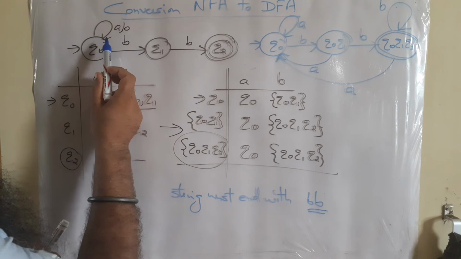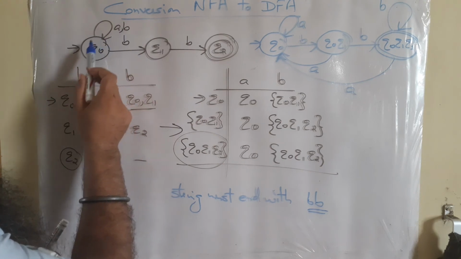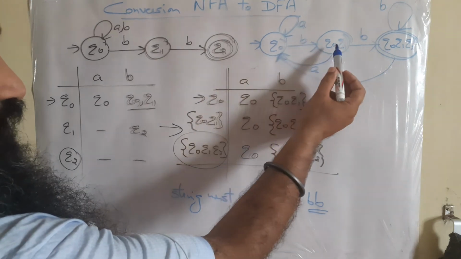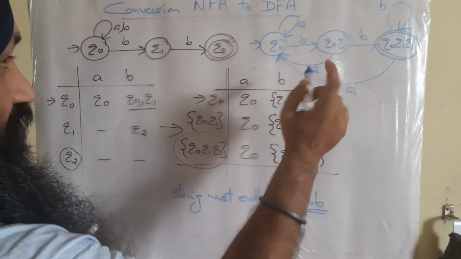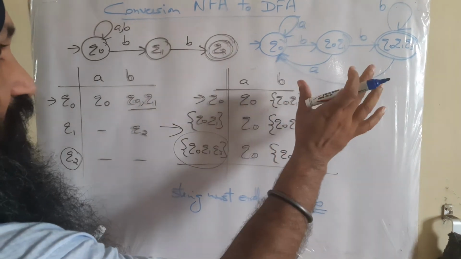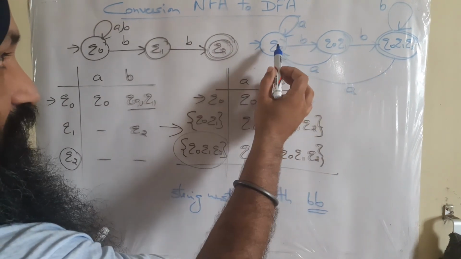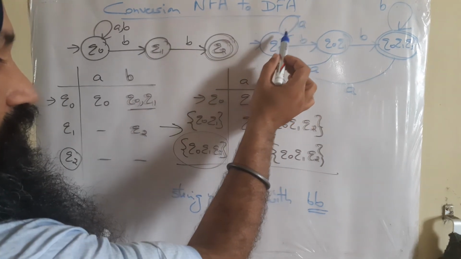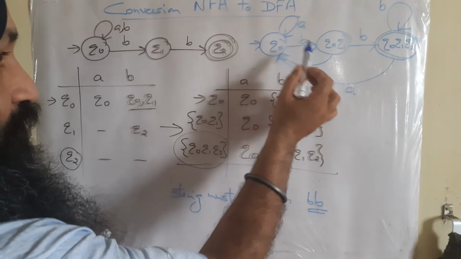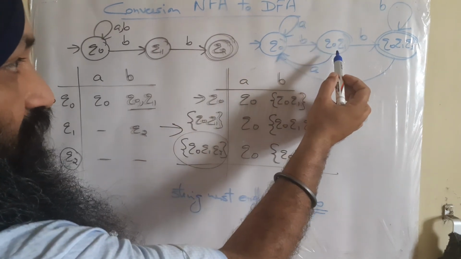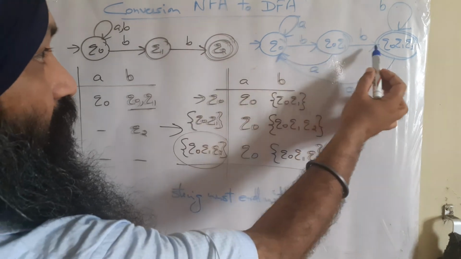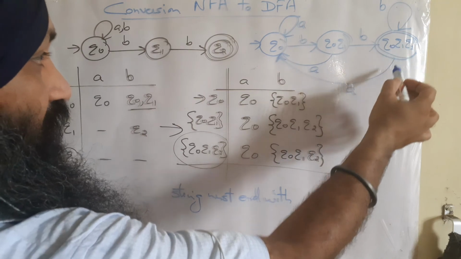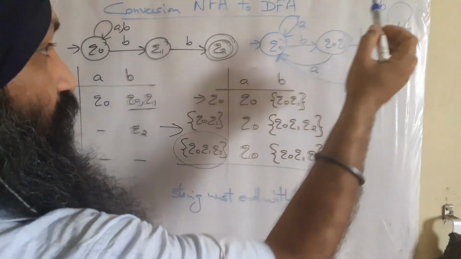Here for input symbol B we have two states, but here with respect to input symbol B we are moving towards a deterministic single, unique state. So this is the identification of DFA. Every state must respond to both symbols. Q0 responds to A as well as B, the second state Q0 Q1 responds to A as well as B, and the third state Q0 Q1 Q2 also responds to input symbol A as well as B.